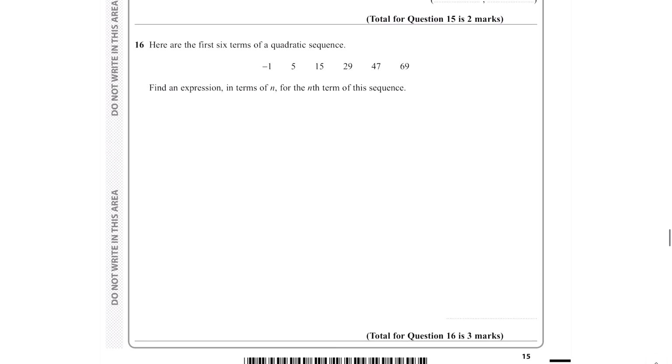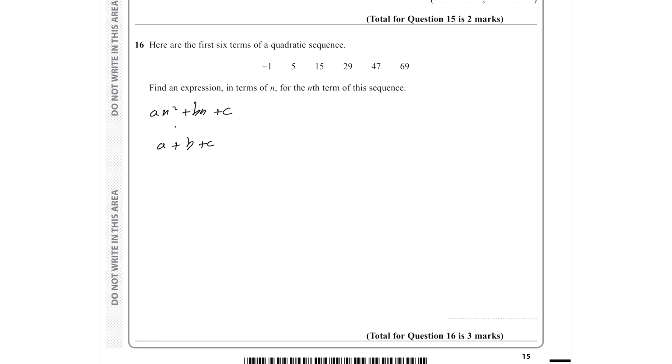Here are the first 6 terms of a quadratic sequence. Find an expression in terms of n for the sequence. The way I like to explain it is so it actually makes sense what's going on. We have this formula a n squared plus bn plus c, and if I sub in n is 1, we end up with a plus b plus c.